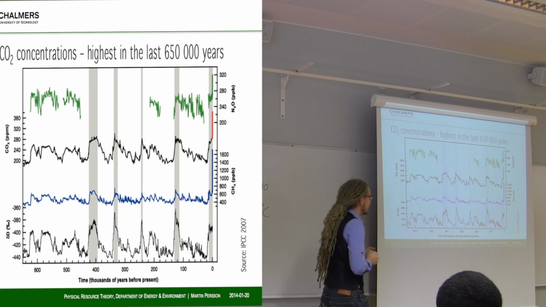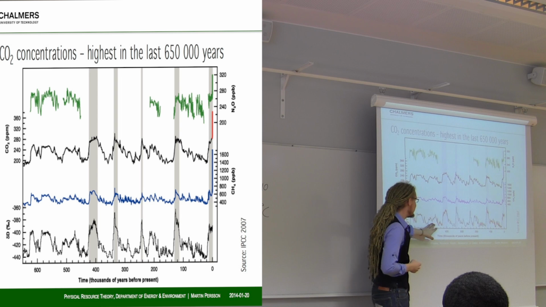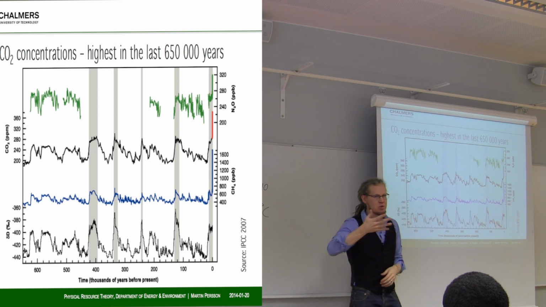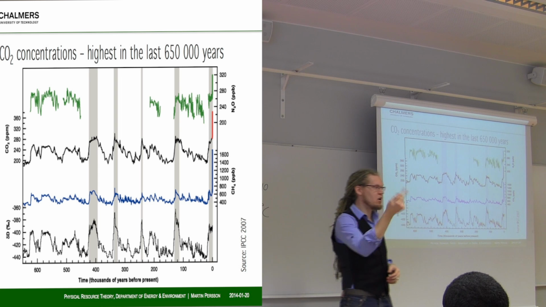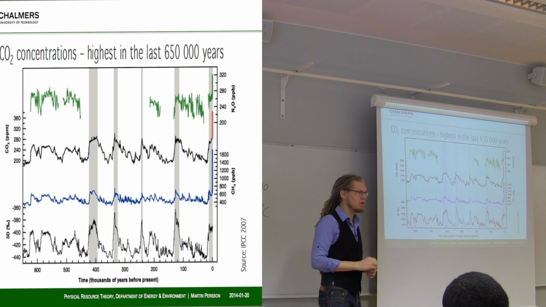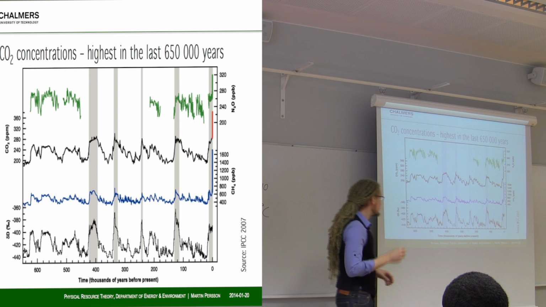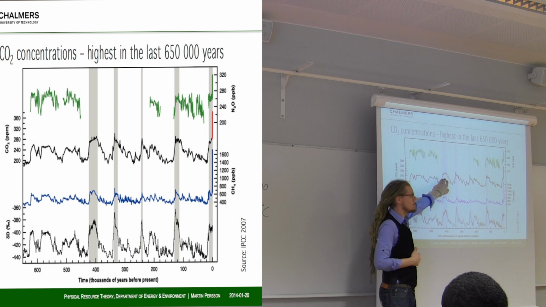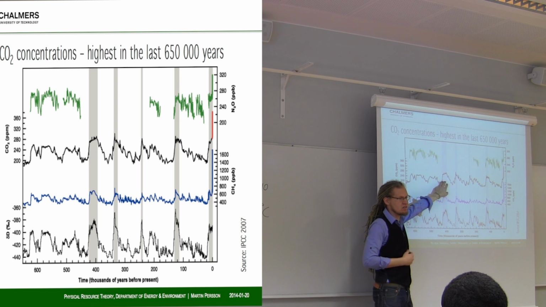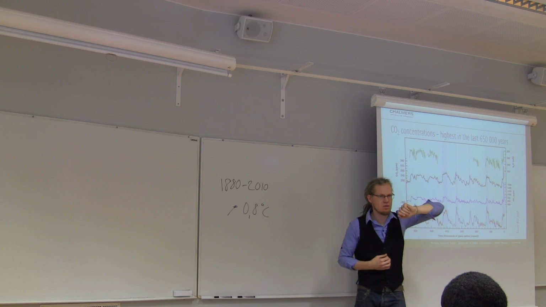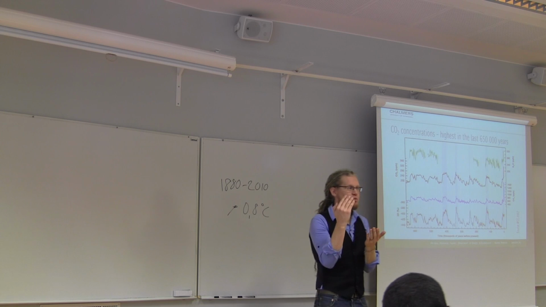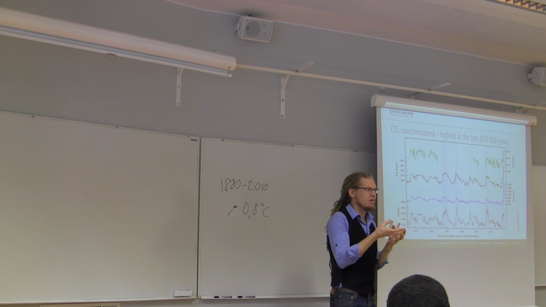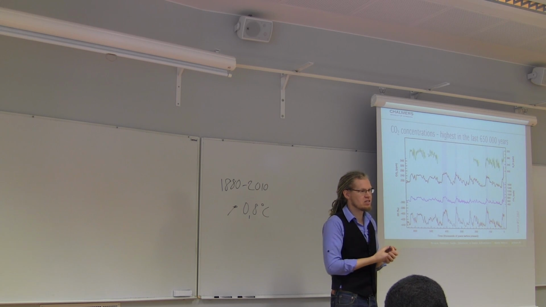That's counterintuitive, right? Well, the first thing is what causes these changes in temperature in the first place? That has to do with the Earth's orbit around the sun and the tilt of the Earth and so on. That changes the energy balance of the Earth slightly. That has an effect on the carbon dioxide concentration. For example, as the oceans warm up a bit, they can hold less carbon dioxide.